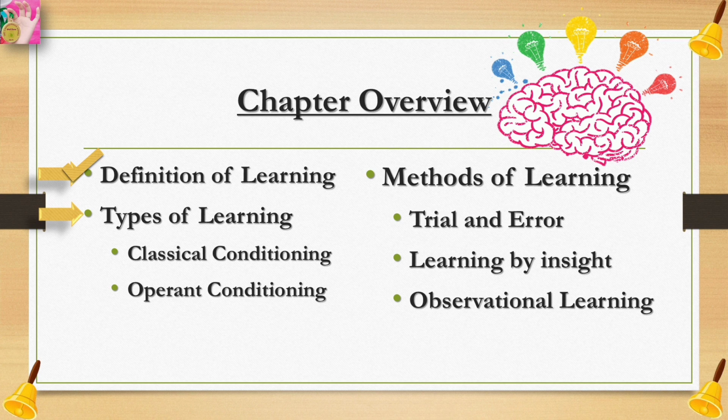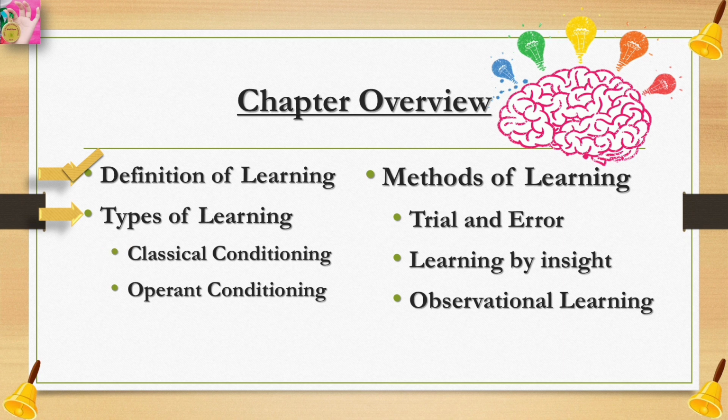In the types of learning, there are basically two types: classical conditioning and operant conditioning. Since this was getting very detailed, I divided lesson 2 into different parts and every single part into further different parts, so it will be easy for you to understand and digest the topic.